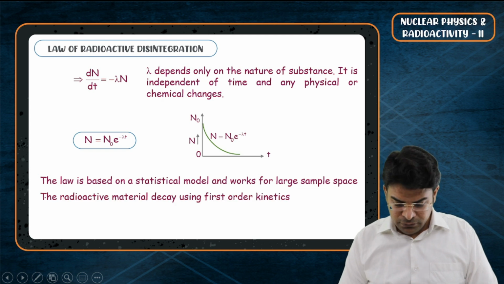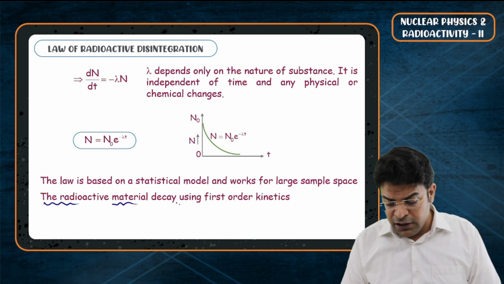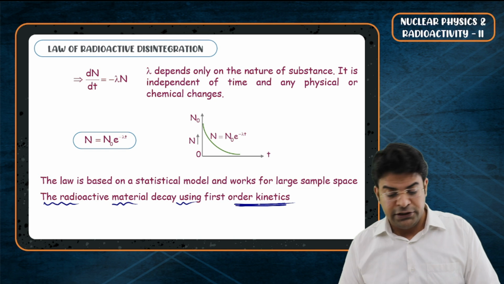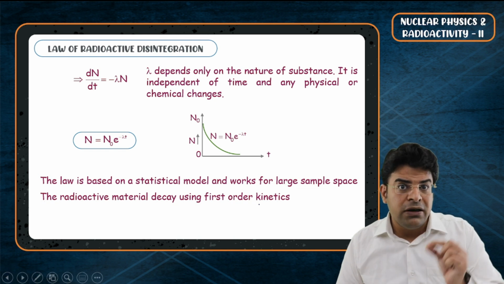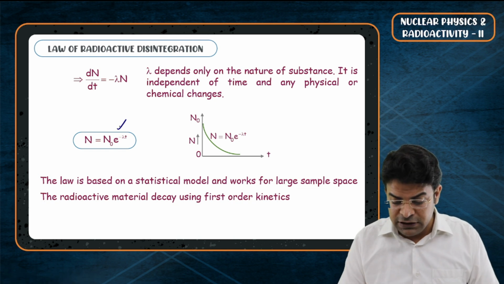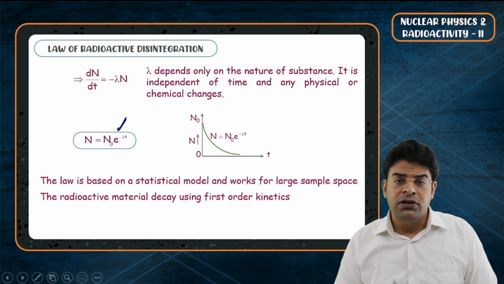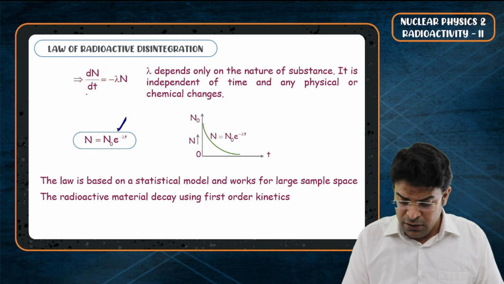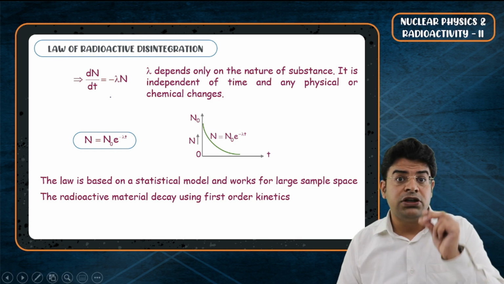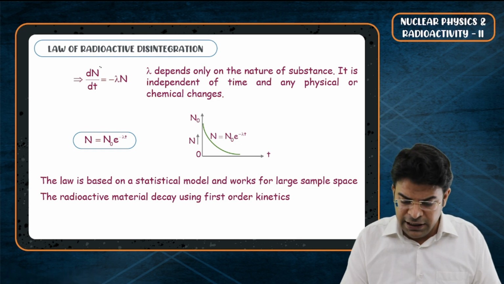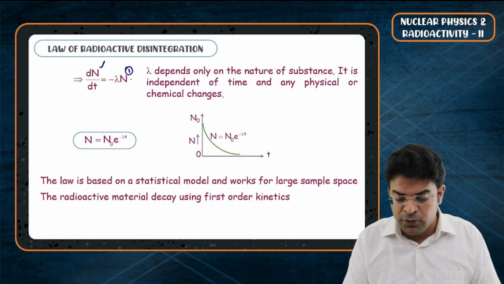Next, bachcho, the radioactive material decays using first order kinetics. Even while learning chemistry, you must have found this type of equation for the reactants. The reactant here decays following first order kinetics. Notice that dn by dt is directly proportional to n raised to the power of 1.